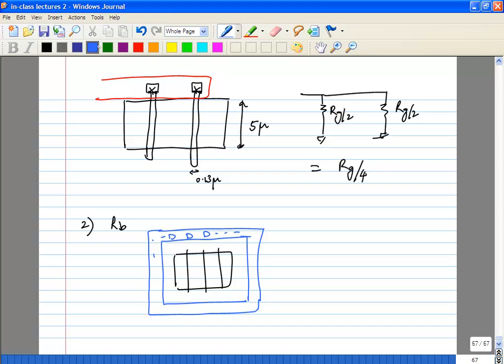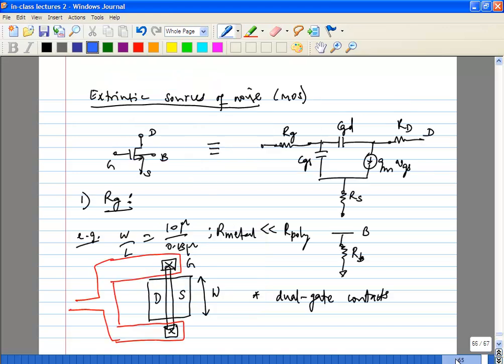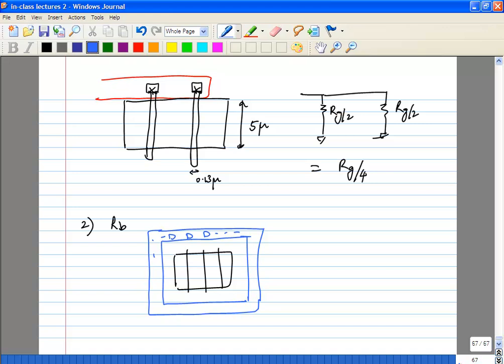But this won't affect you in the schematic. In the schematic you'll have to model this effect separately, because you only get the 4 transistor model. You'll only get this bulk node, and you'll probably connect it to ideal ground in your case. So let's say you have an RB.